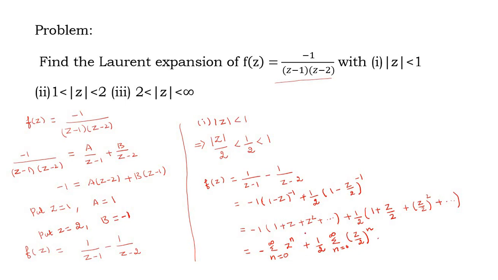So similarly we find the second part. The second part is 1 less than mod z less than 2. But two cases: one is 1 by z minus 1, the other 1 by z minus 2.